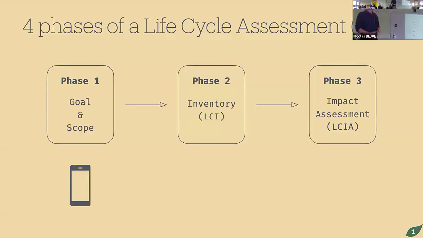The second phase consists in taking your reference flow, so here a phone, and determining all the gases that are emitted during its life cycle. So during its production, its use phase, its transportation, and so on and so forth. During the inventory, you start with this product and you list all processes that are needed to produce this one.